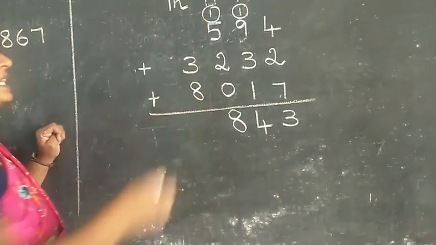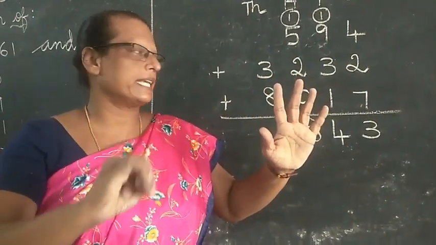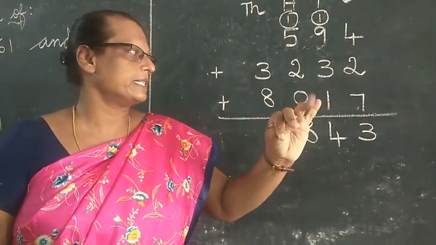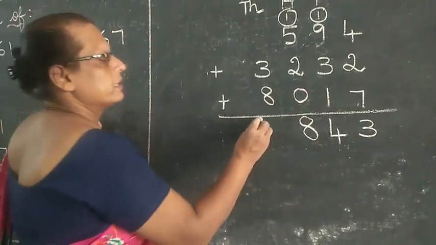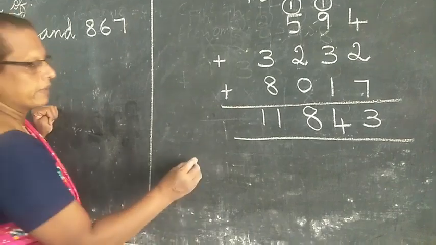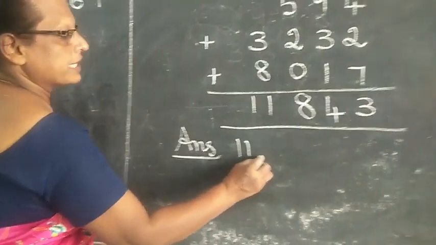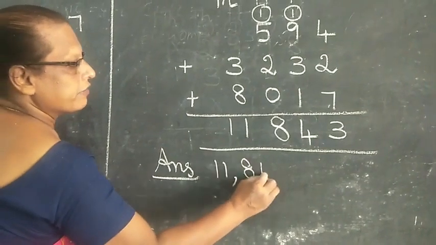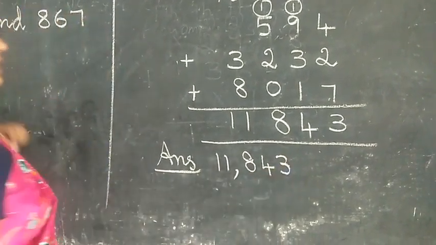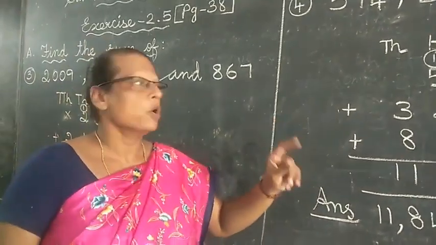And 3 plus 8, 3 in the mind, 8 in the finger. After 3, 4, 5, 6, 7, 8, 9, 10, 11. So 11. So what's the answer children? 11,843. Okay children. See 4 sums I have taught and 2 sums I am going to give homework.